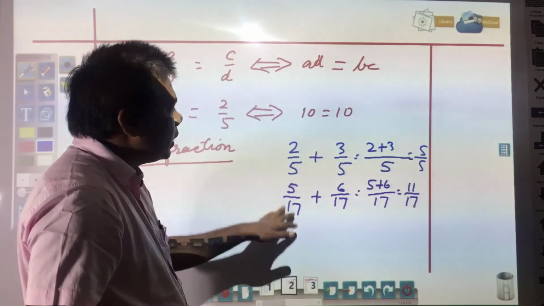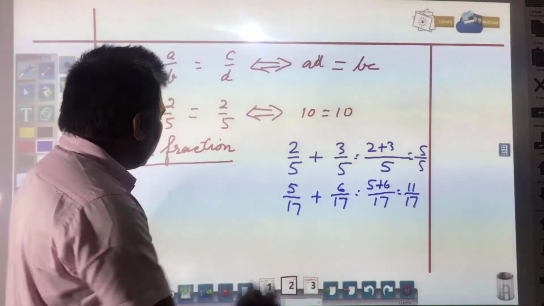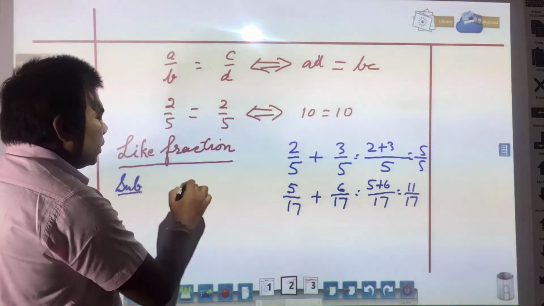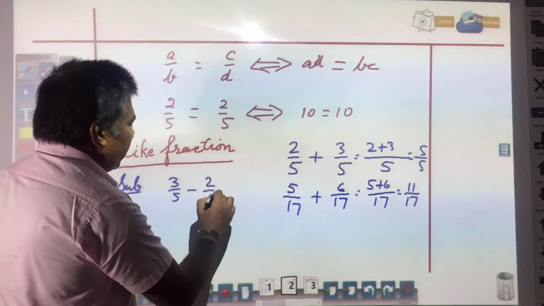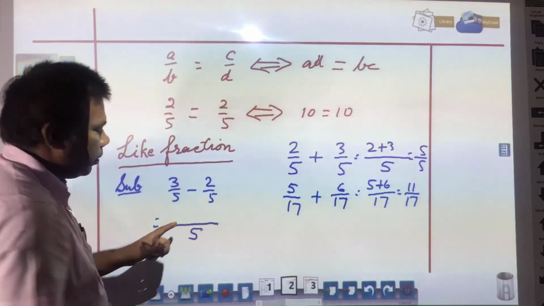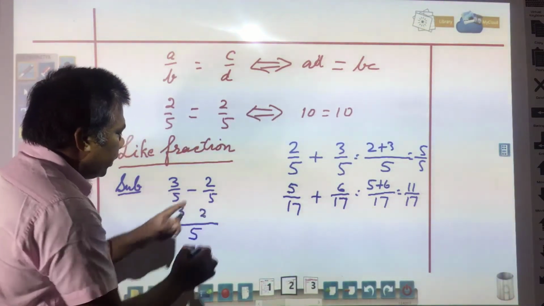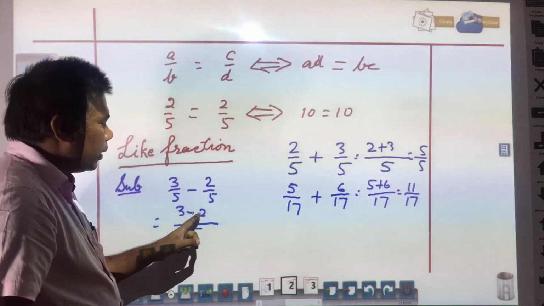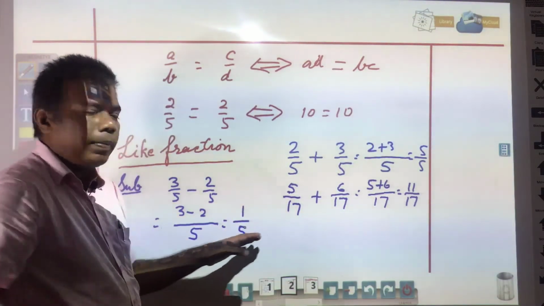If there is subtraction of like fractions, the same method is required to be applied. Suppose you need to subtract 3 by 5 minus 2 by 5. The denominator will not change, you write the denominator, and then the numerators, with the sign in between. 3 minus 2 will be equal to 1 by 5.